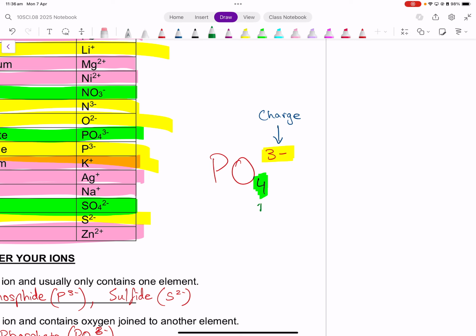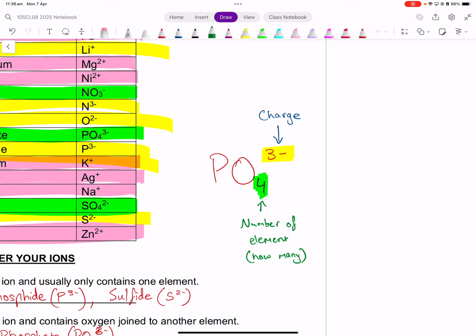So that tells us the number of that element, as in, right below it, how many. Not necessarily that oxygen is number 8. So how many phosphorus atoms do I have? 1. Why do I have 1? Because I have nothing written next to it. If I wrote a 2 next to the P, how many would I have?